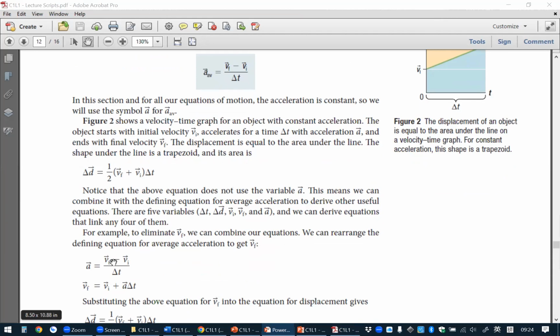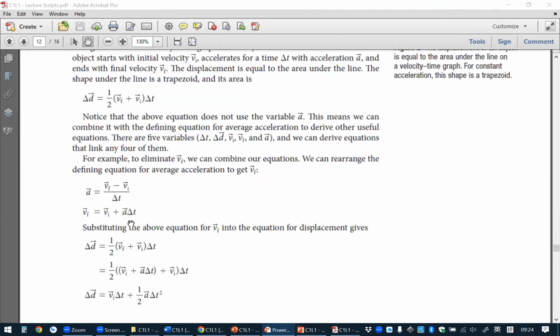On the other hand, from this equation, we can have final velocity Vf equals initial velocity Vi plus acceleration a times delta t, right? Then we can substitute the above equation for Vf into the equation for displacement. And this gives us the following equation.